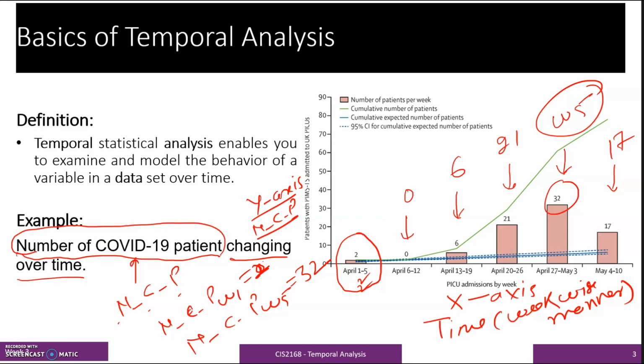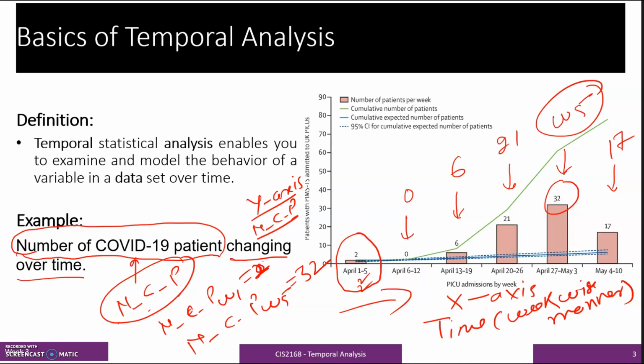So here, with the help of this graph, we can notice that the number of COVID-19 patients, that is this variable, is varying over time. In week number 1 the number is 2, then it is changing in week number 2, then again it is changing in week number 3, again it is changing in week number 4. Likewise, it is varying over the time.